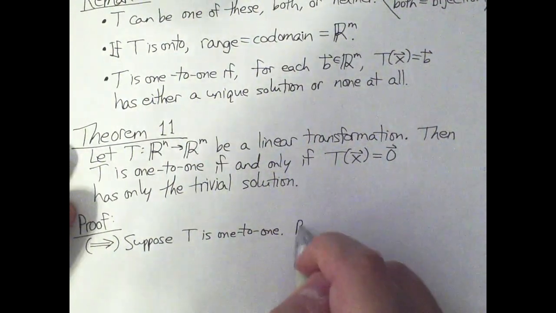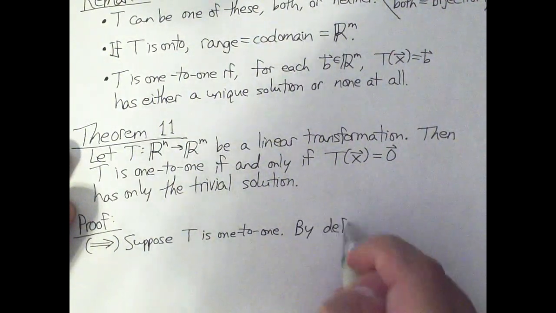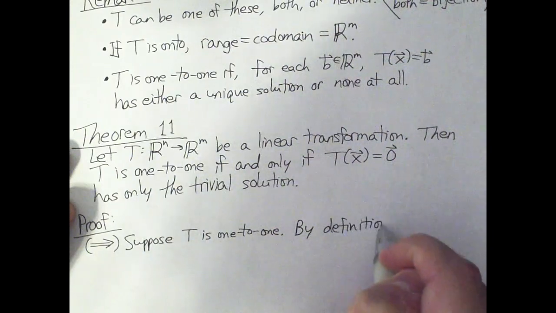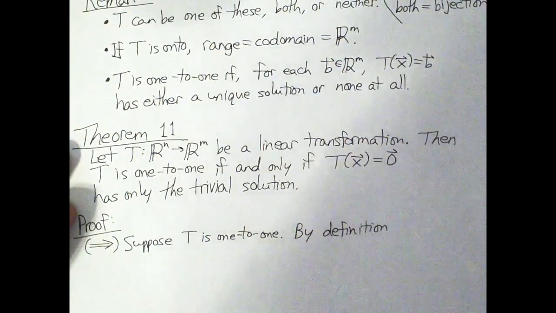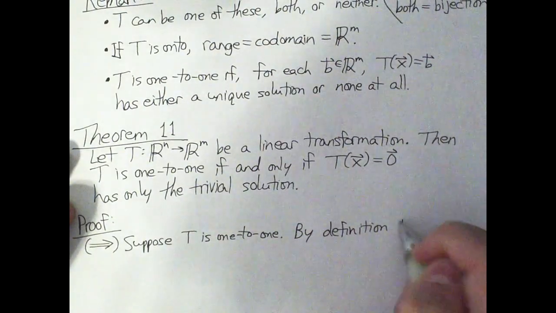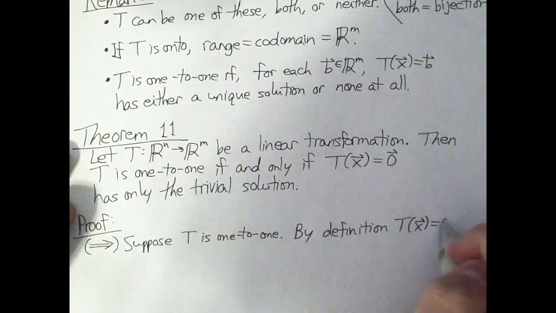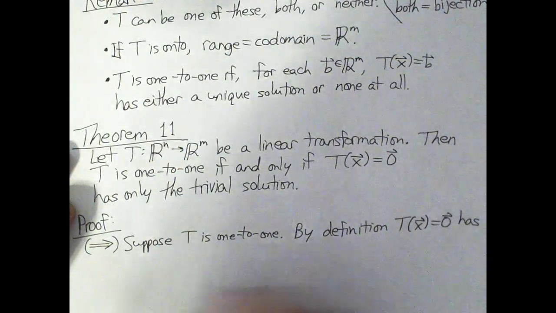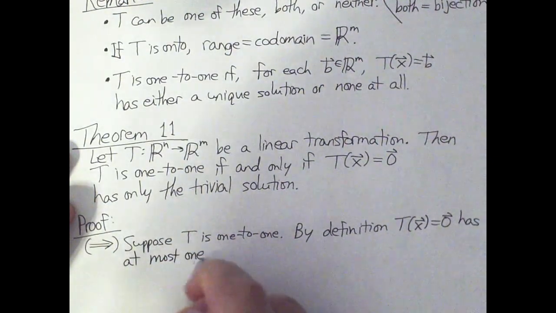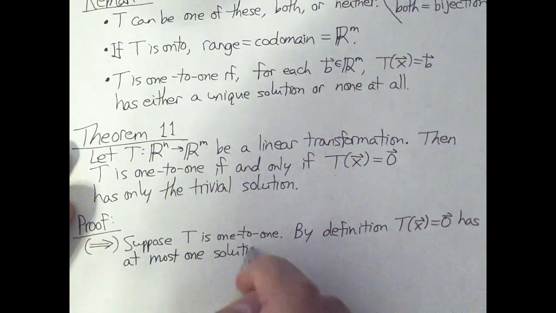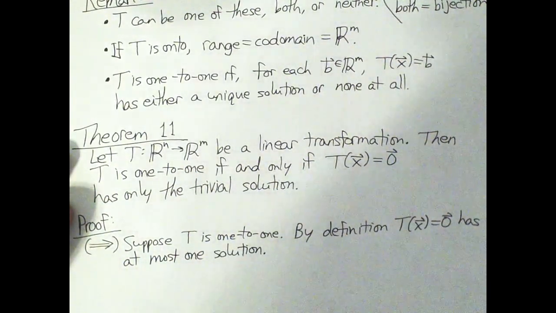Well, by definition of one-to-one, which we just wrote a minute ago, T of x equals 0 has at most one solution, right?